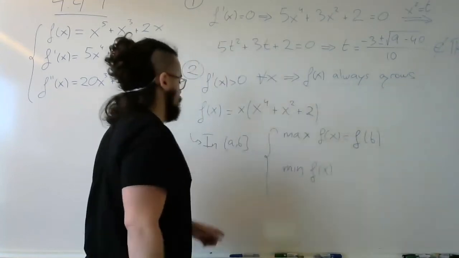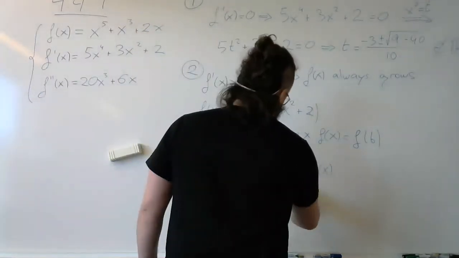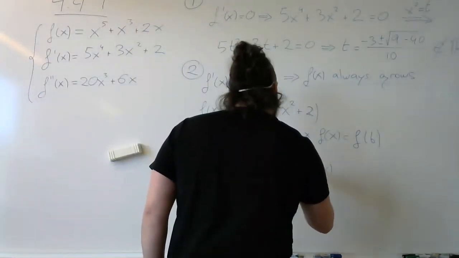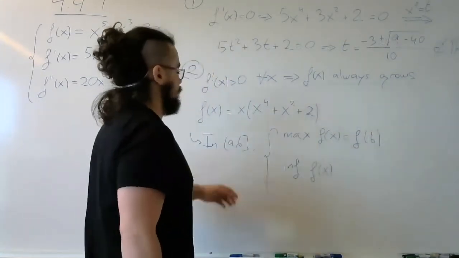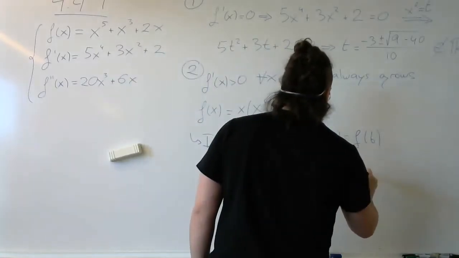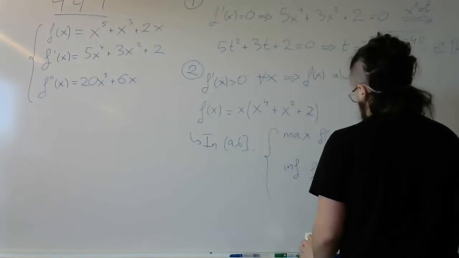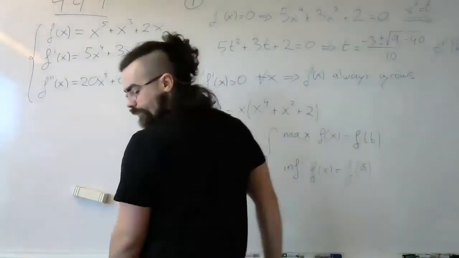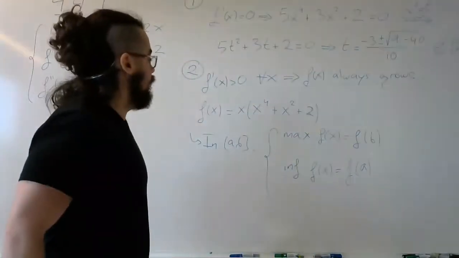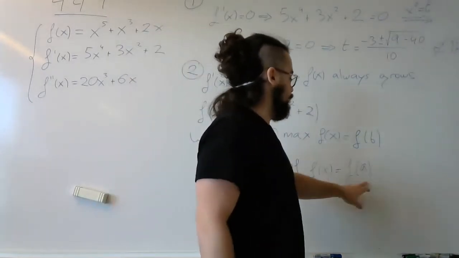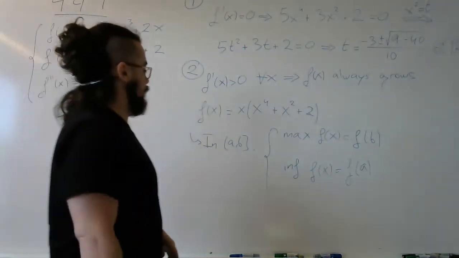And the minimum doesn't exist because the interval doesn't contain a, but the infimum, or the theoretical lowest value, is f of a. And yeah, here you can replace f of b and f of a in this polynomial here, and you will get the answer.